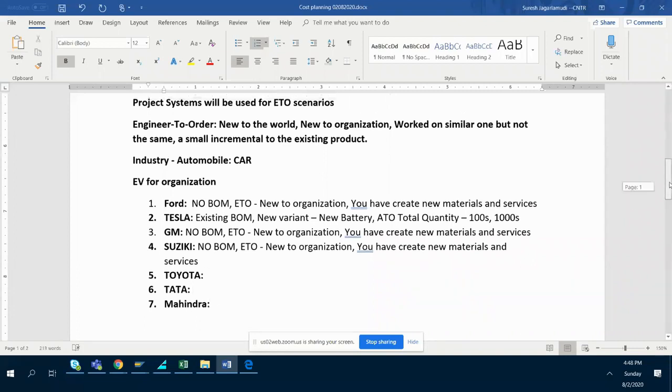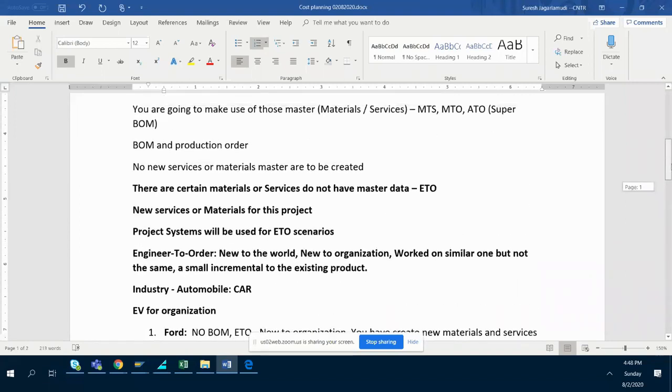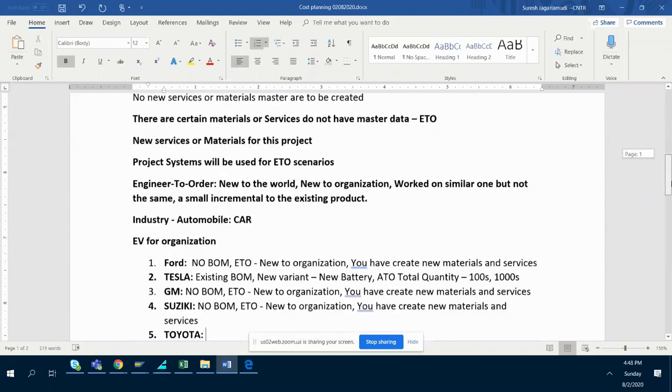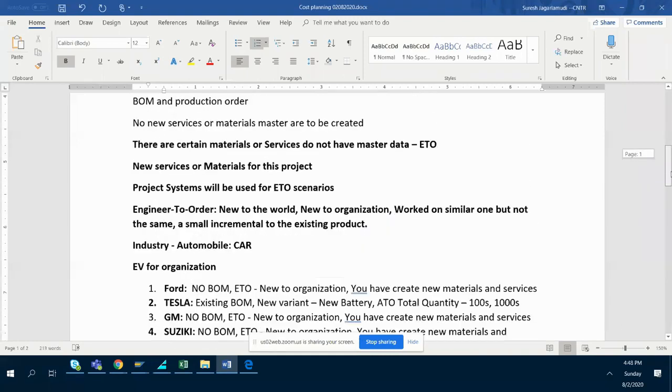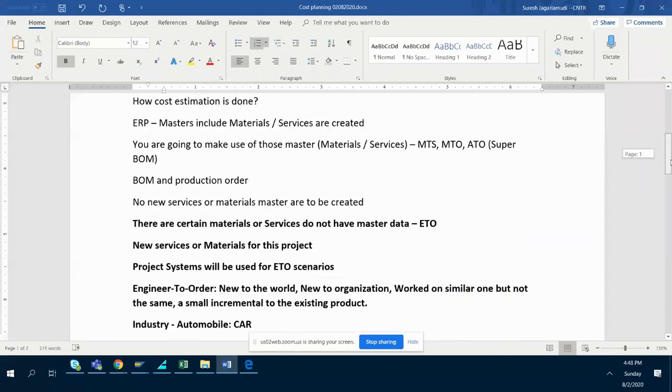Do they have existing BOM? Now, do they have existing BOM? The question is, they have collaboration in the US actually. Surely they might have a BOM in place. Surely, isn't it? Why?